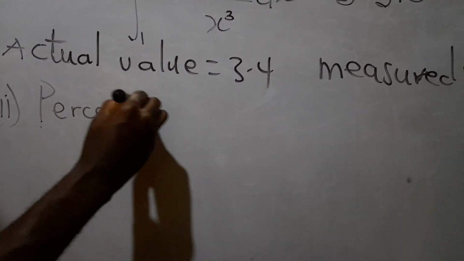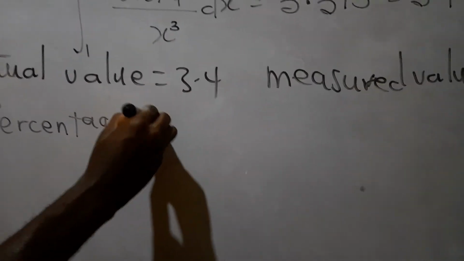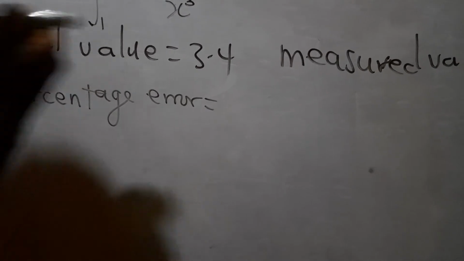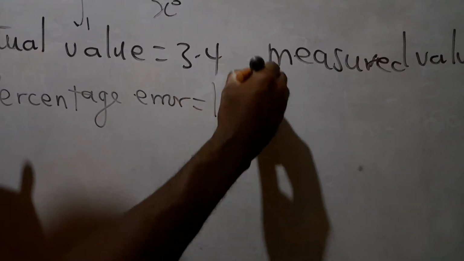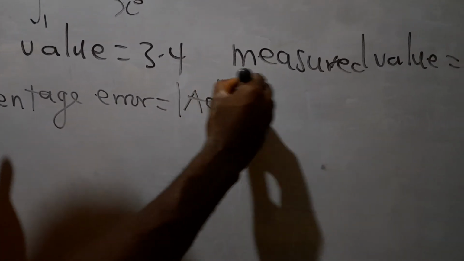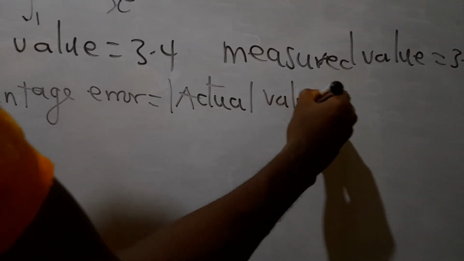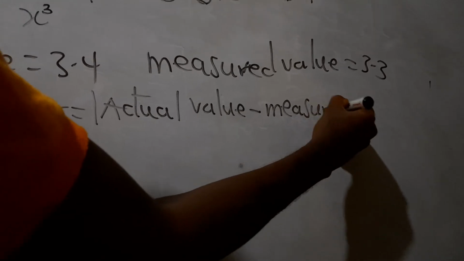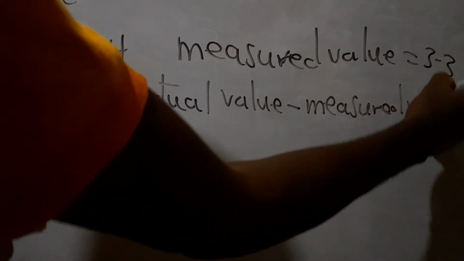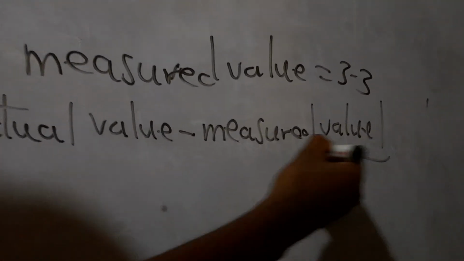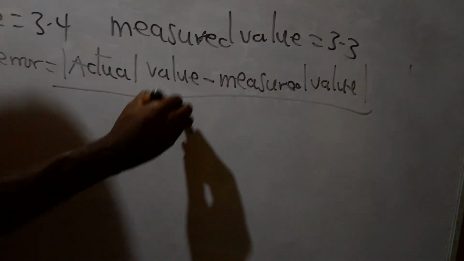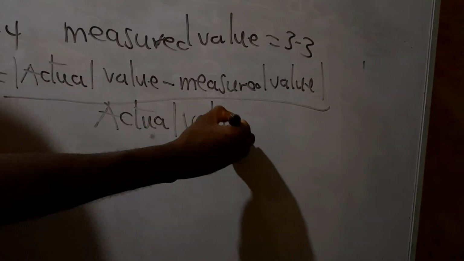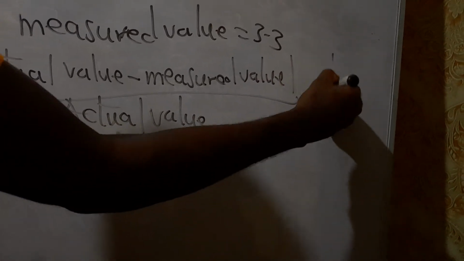So percentage error, remember, is equal to the absolute value of actual value minus the measured value, all over the actual value, times 100%.